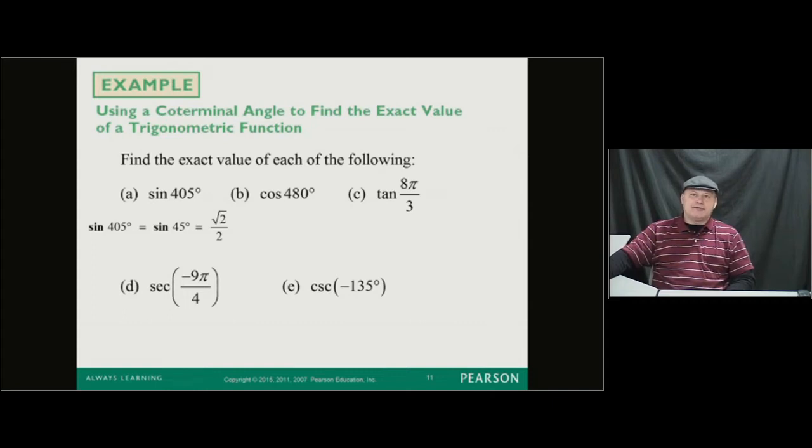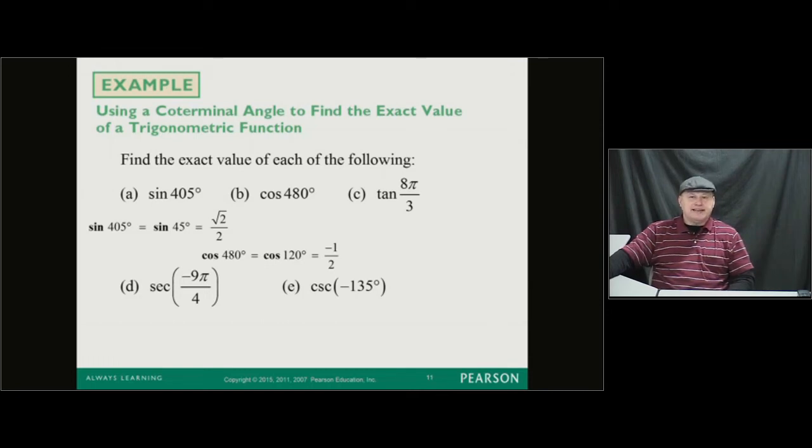Now the next one, we have a little bit of an issue, because cosine of 480 degrees is coterminal to 120 degrees. We really haven't talked much about how to find the cosine of 120 degrees because we haven't talked much about reference angles, and we will. When I say cosine of 120 degrees is negative 1/2, it is, but don't worry so much about not knowing that right now.